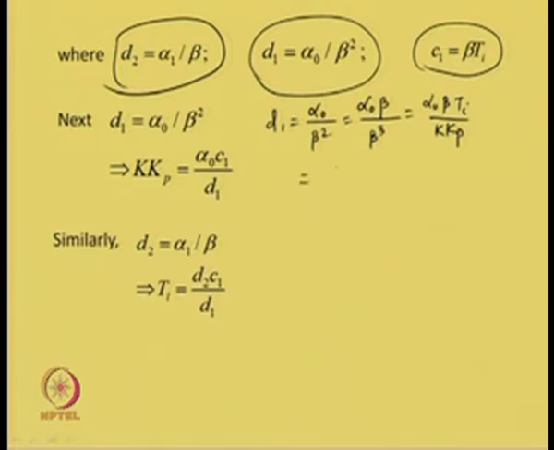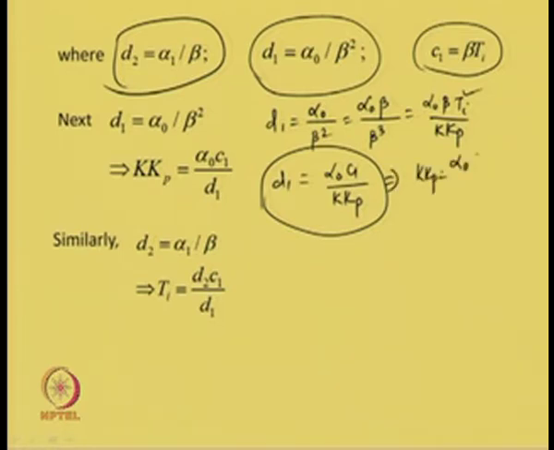So, we get in the numerator α0 C1 upon k Kp. So, d1 is equal to α0 C1 / (k Kp), which implies that k Kp is equal to α0 C1 / d1. So, this is how we obtain explicit expressions for the unknown Kp.